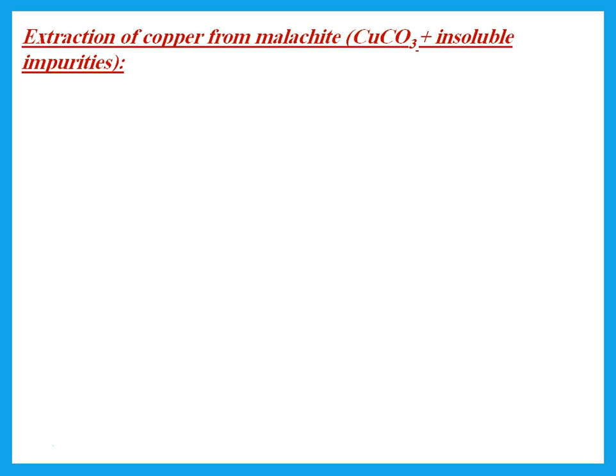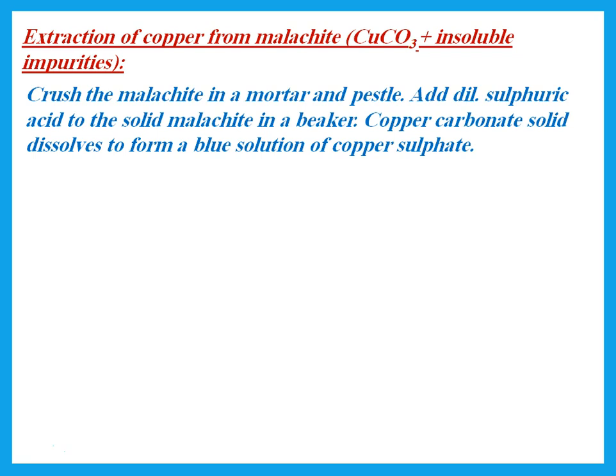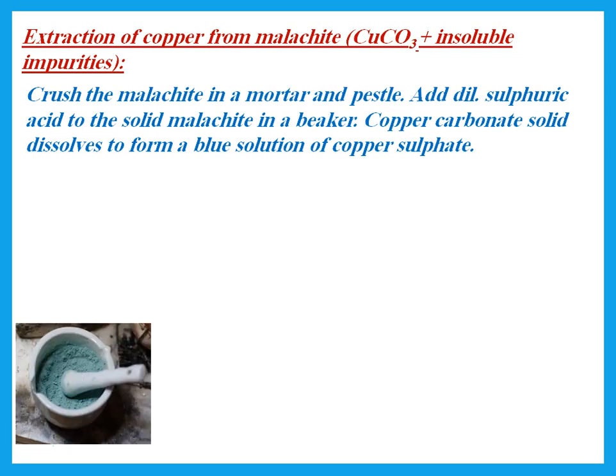How do we extract copper from a mixture of copper carbonate and impurities? So he's telling me I have something called malachite. Malachite is a mixture of copper carbonate and insoluble impurities, and I want to extract copper. What should we do? The copper carbonate or the malachite is a solid.